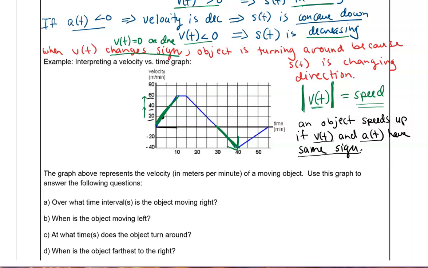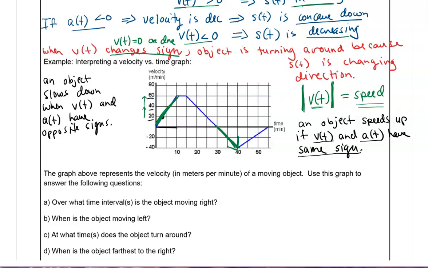So the speed is increasing. We also say that an object will slow down when velocity and acceleration have opposite signs. Again, if these numbers are small positives or small negatives and you take the absolute value, then when these velocity values are getting closer to 0, the absolute value of those is getting closer to 0, which is small.